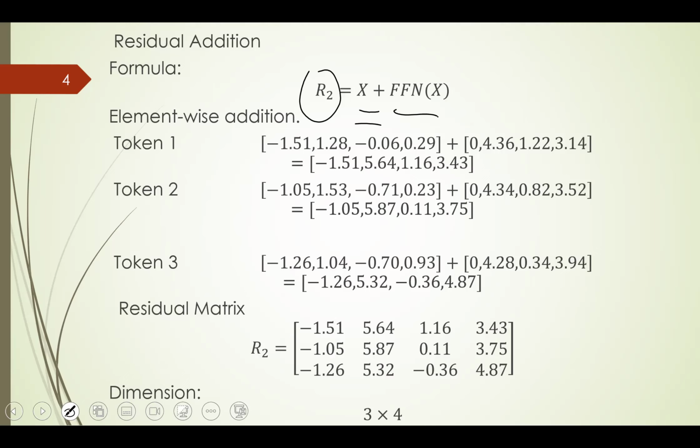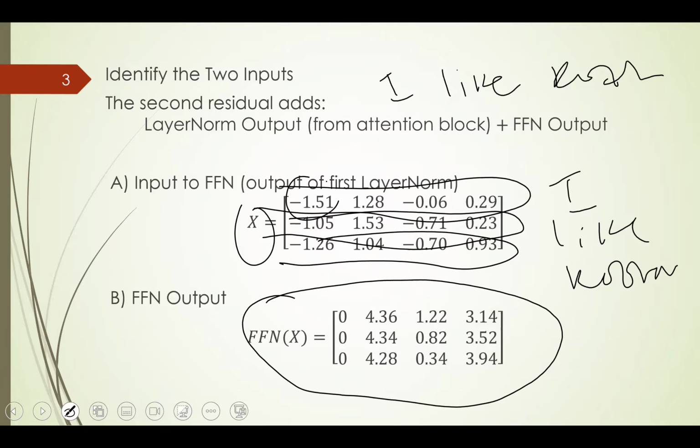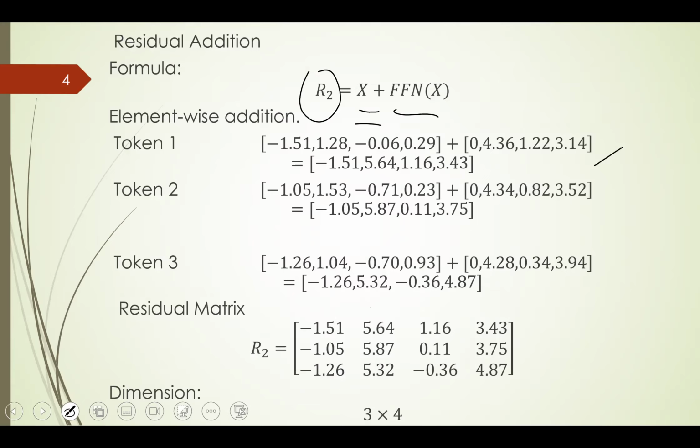It is an element-wise addition, this plus this, and so on, done for the first token I, and for the second token like.